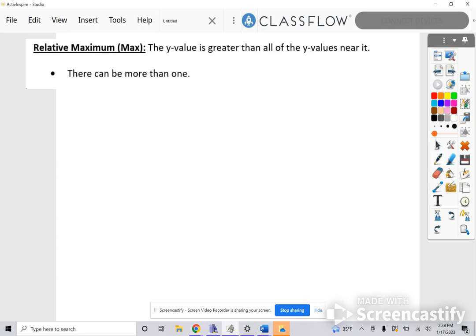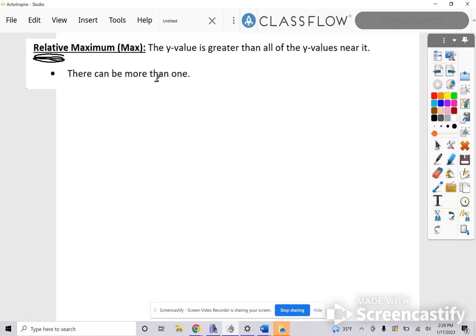Okay. Relative maximum. Now, the important word here is relative. There are 2 types of maximums, a relative one and an absolute. Absolute is the highest that graph ever goes to. Okay, we're not going to look at those this year, and you may not even look at those next year. And honestly, quite frankly, they're just not interesting. It's the relative ones that are nice, that are interesting.